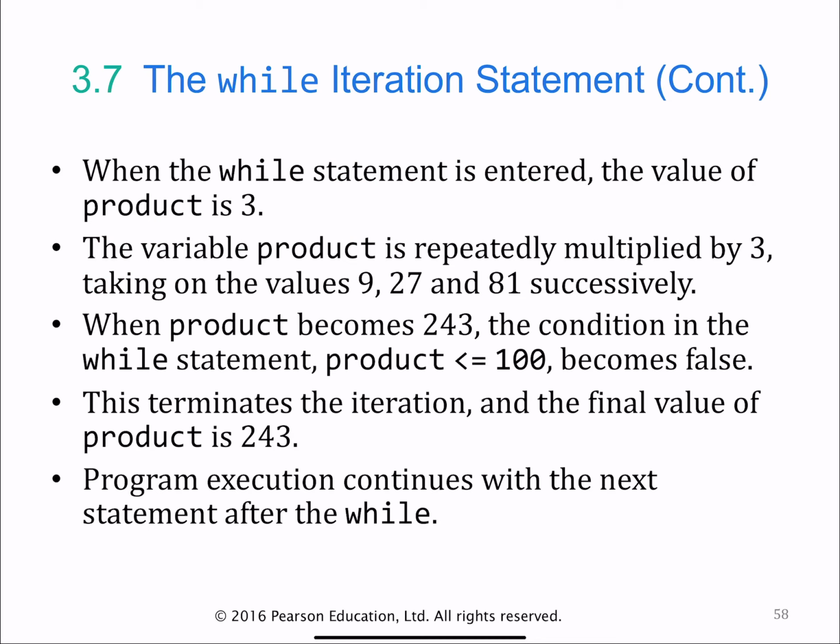In this particular example, we start off with a value of 3 in product. The next time you encounter the while loop, the value will be 9, which means the condition will still be true. You go through the block of code inside the while loop. At the end of that, 3 multiplied by 9 will be 27, which still keeps the condition true.